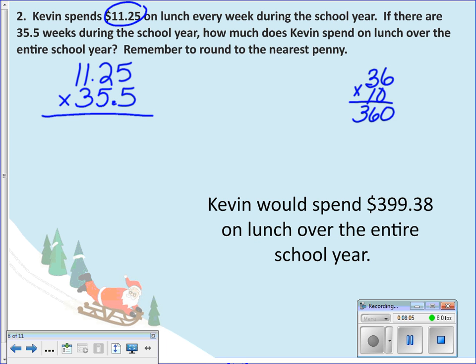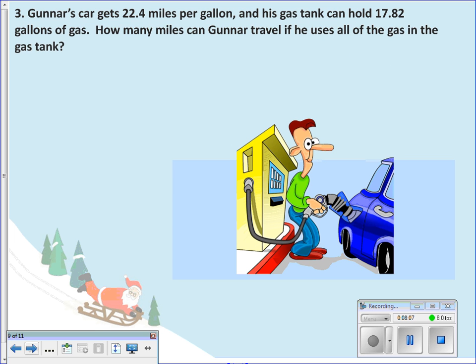Now let's try number 3. Gunner's car gets 22.4 miles per gallon, and his gas tank can hold 17.82 gallons of gas. How many miles can Gunner travel if he uses all of the gas in his tank?